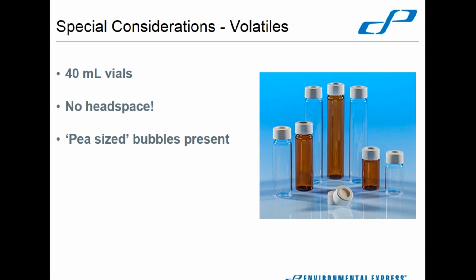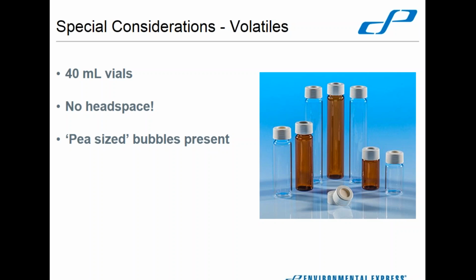Probably the most important thing about a volatile sample is that it has to have no headspace. Headspace refers to unfilled container, essentially. If you have that container standing up and you can see the top of the liquid and there's a gap between the liquid and the lid, that is headspace.